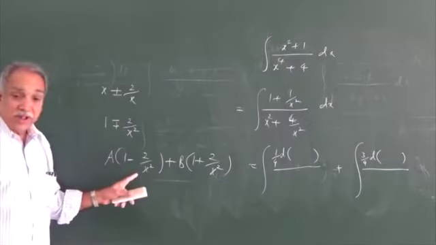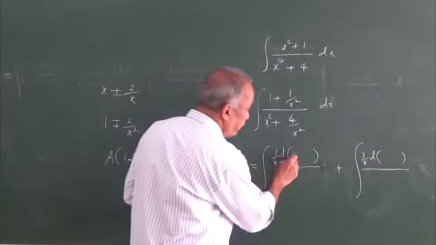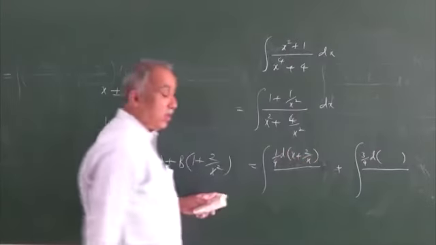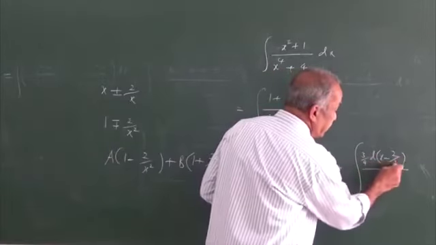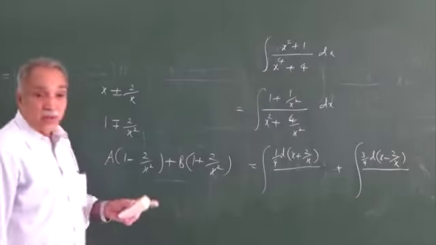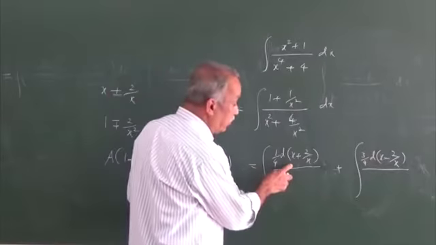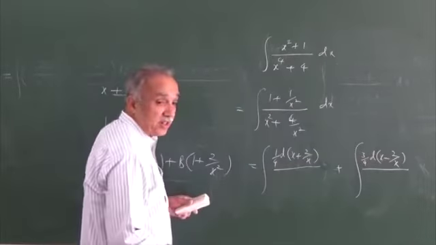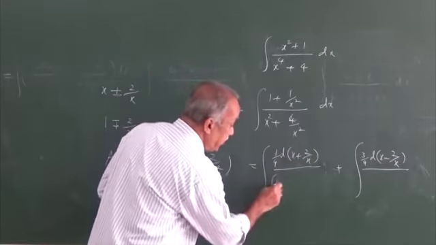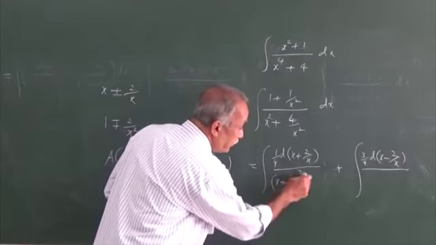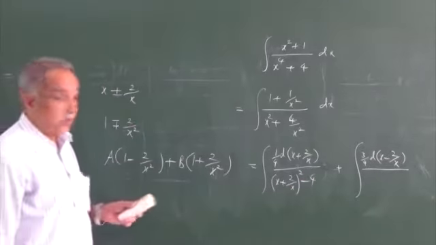This 1 − 2/x² is the derivative of x + 2/x. This 1 + 2/x² is the derivative of x − 2/x. Right? When you have the numerator equal to the differential of x + 2/x, it is preferred to have the denominator also in terms of x + 2/x.